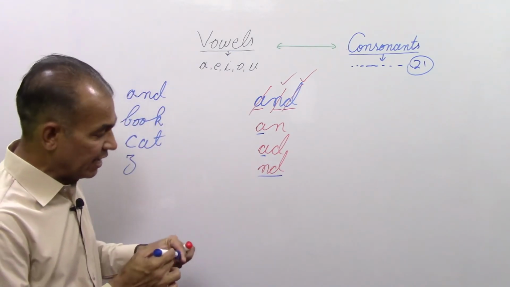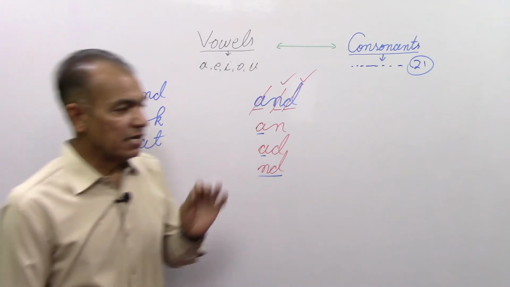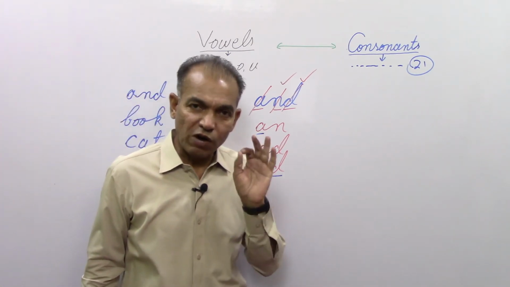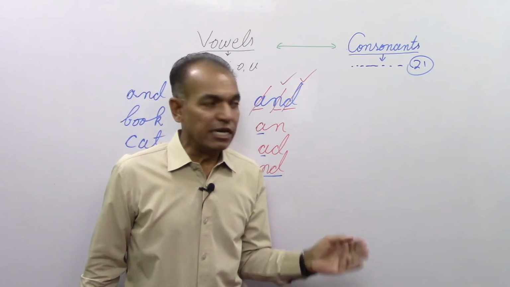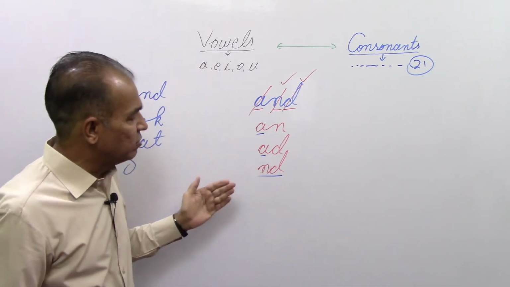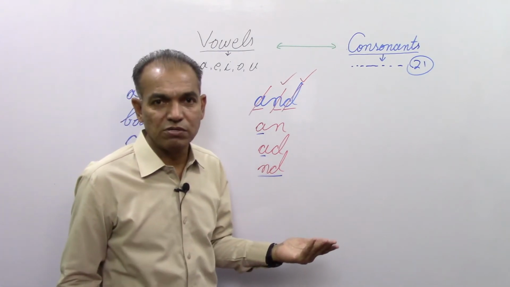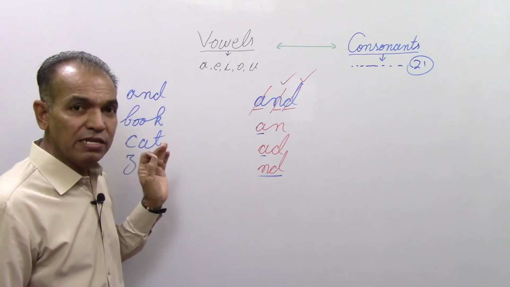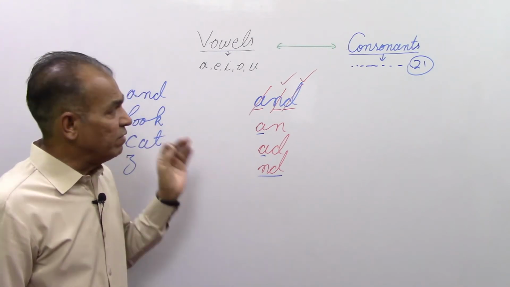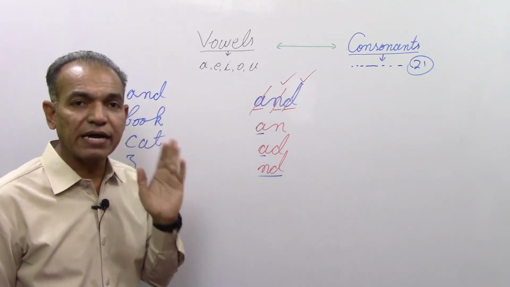So what we have learned from these examples is that if we remove a vowel from a word, it loses its sound. It will no longer be able to produce any sound. It means that vowels are the letters which help consonants to make a sound.